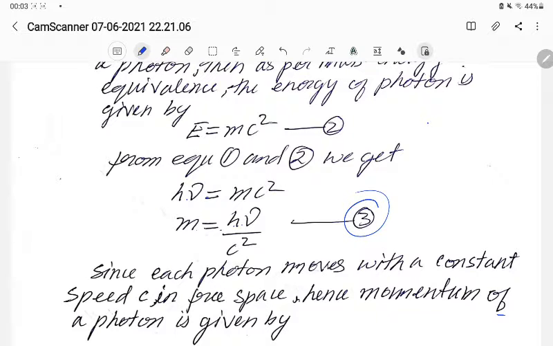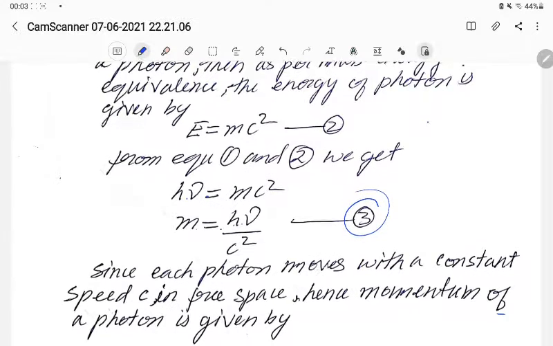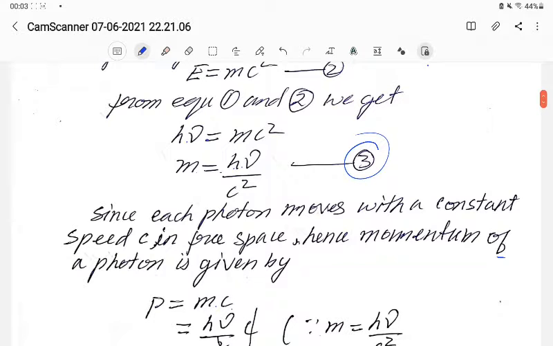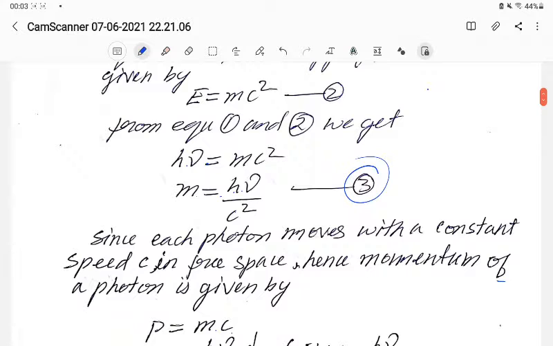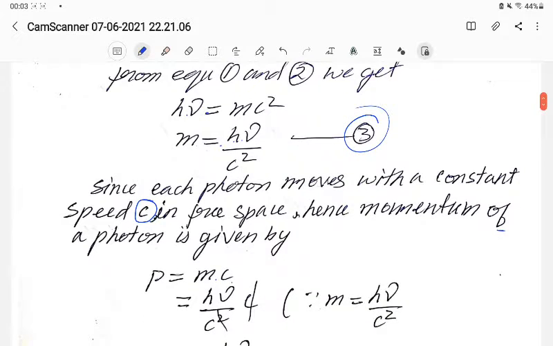Now photon moves with a constant speed. What is photon? Photon is light, right? The speed of light is constant and it is represented by c. So momentum of a photon will be, the momentum formula is momentum equal to mass into velocity.